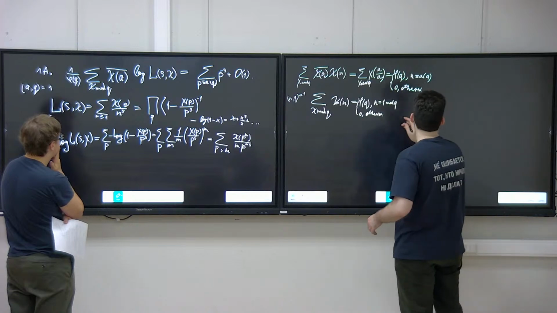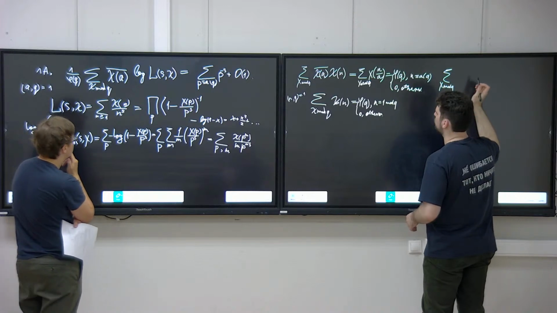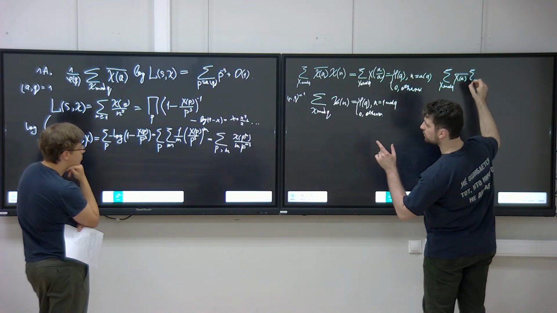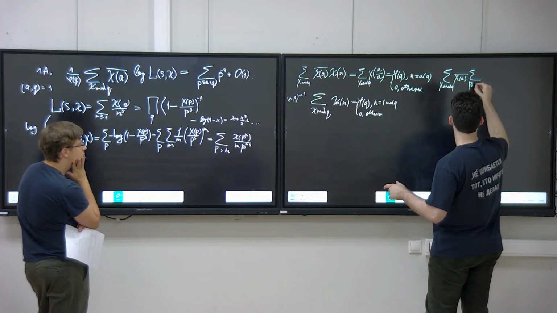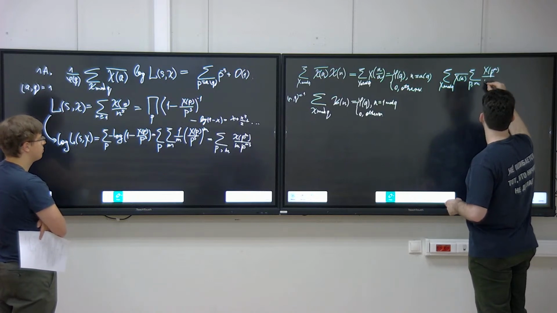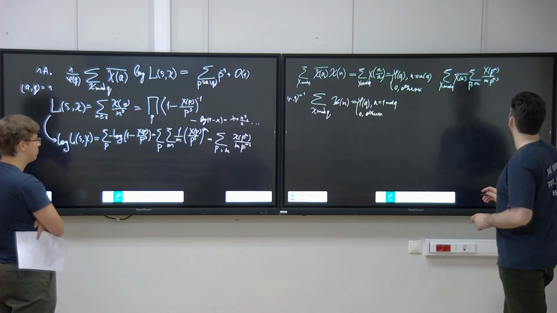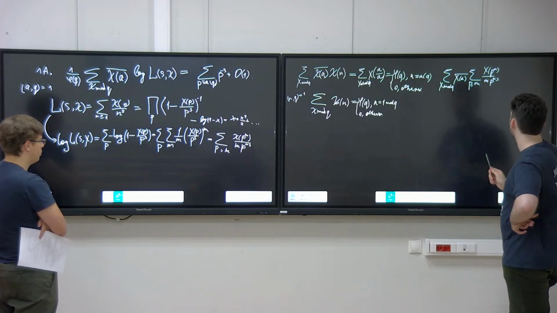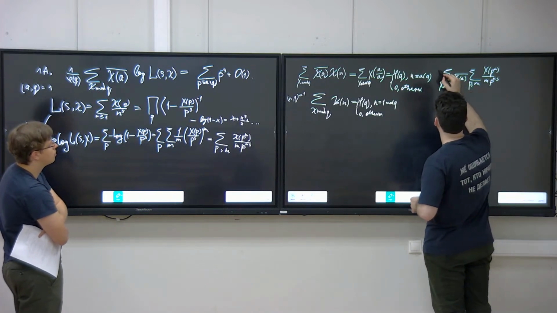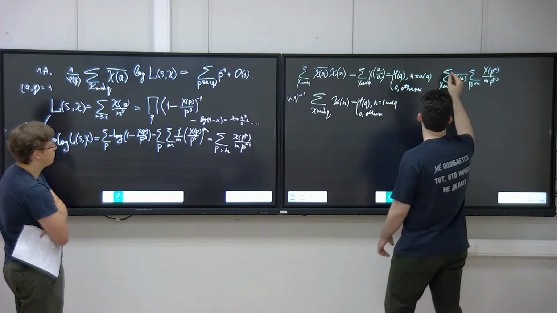Это сумма по характерам хи по модулю q, дальше сумма по p и m, p в степени m делить на m, p в степени ms. Ещё один делить на фи от q.